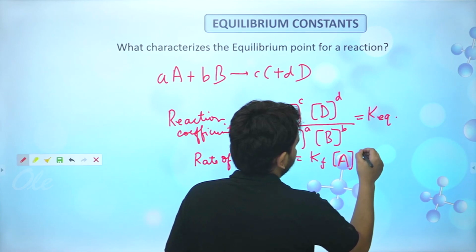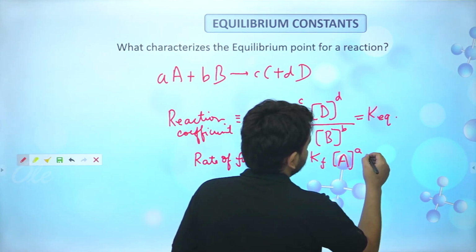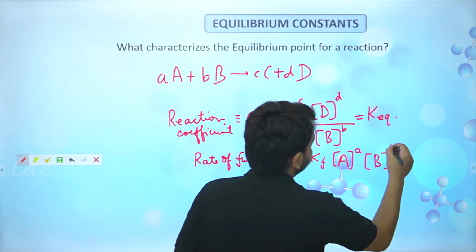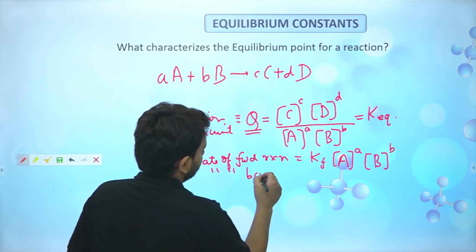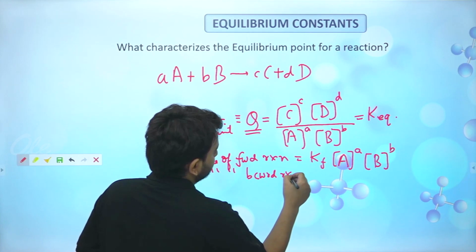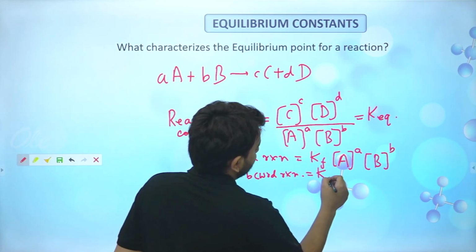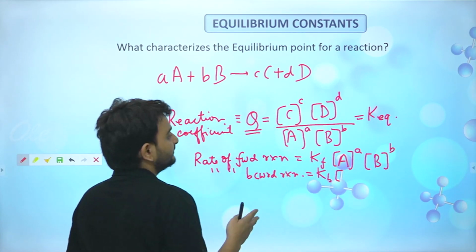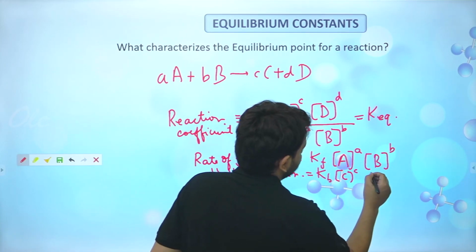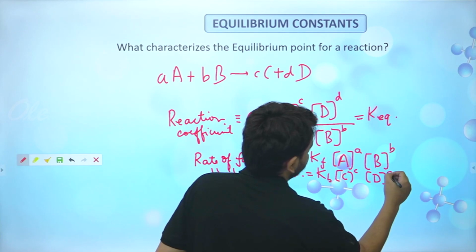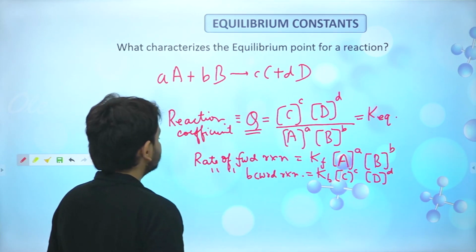So A raised to the power of its stoichiometric coefficient, B raised to the power of its coefficient. And the rate of backward reaction would be K backward into the active mass of the products. So it will be C raised to the power c and D raised to the power small d, right? I hope you've understood this, guys.